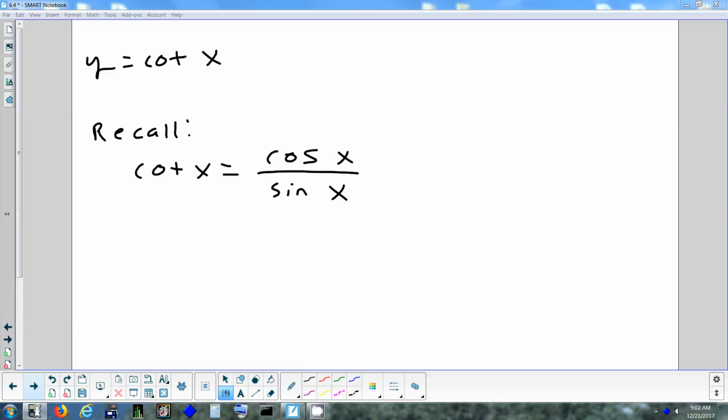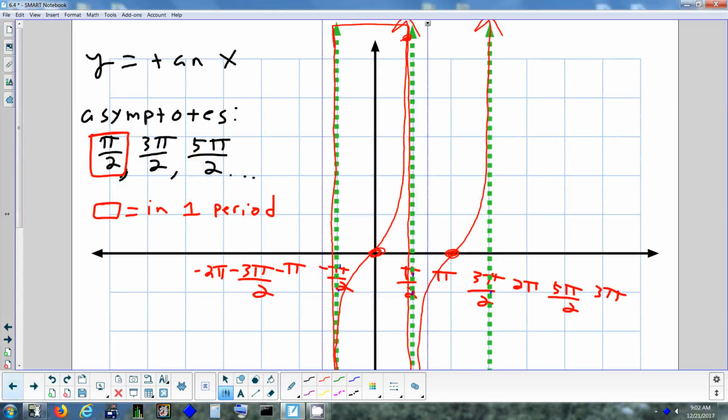So what that's going to cause is all the vertical asymptotes for tangent are going to become zeros in cotangent. They're going to switch. All the places where tangent crosses the x-axis, those are all going to become vertical asymptotes. So for cotangent, you're going to have a vertical asymptote at 0, pi, 2 pi, and so on.